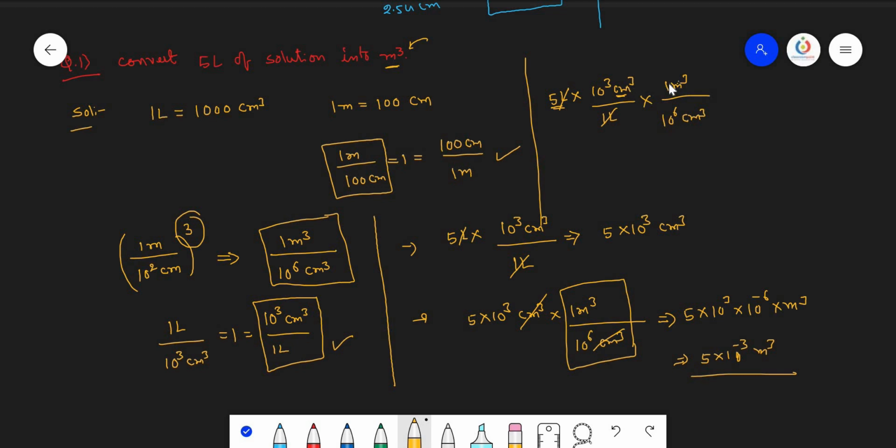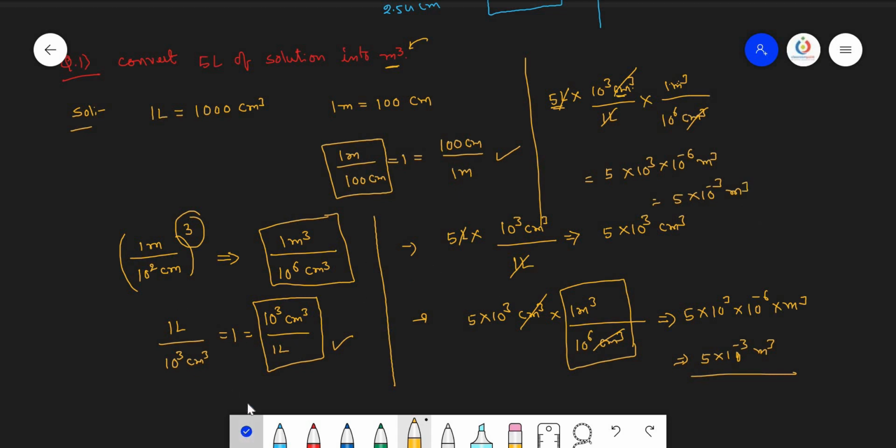The relation between the centimeter cube and meter cube is this one, so that meter cube is in the numerator and centimeter cube is the denominator. So centimeter cube gets cancelled. And finally we get 5 into 10 power 3 into 10 power minus 6 meter cube. Both are same. 5 into 10 power minus 3 meter cube.